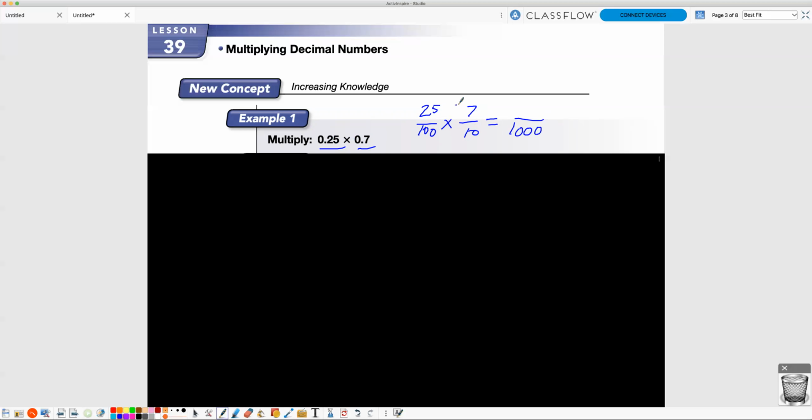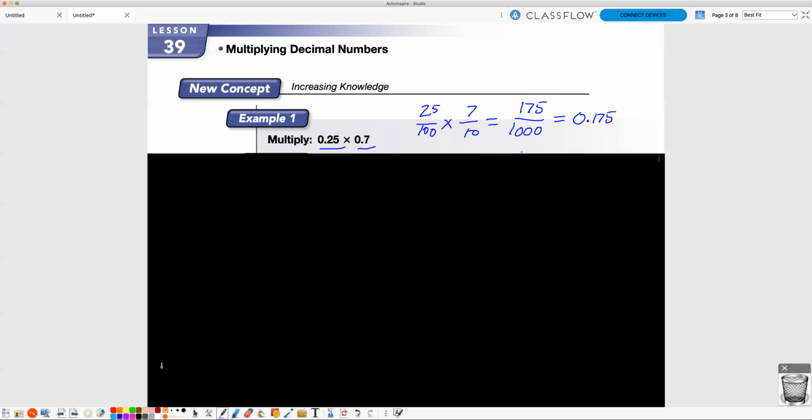And I know that 25 times 8 is 200, but 7 is 25 less than that, so it'd be 175. 25 less than 200 makes it 175 thousandths. I know what this looks like as a decimal because I know what 175 thousandths is.